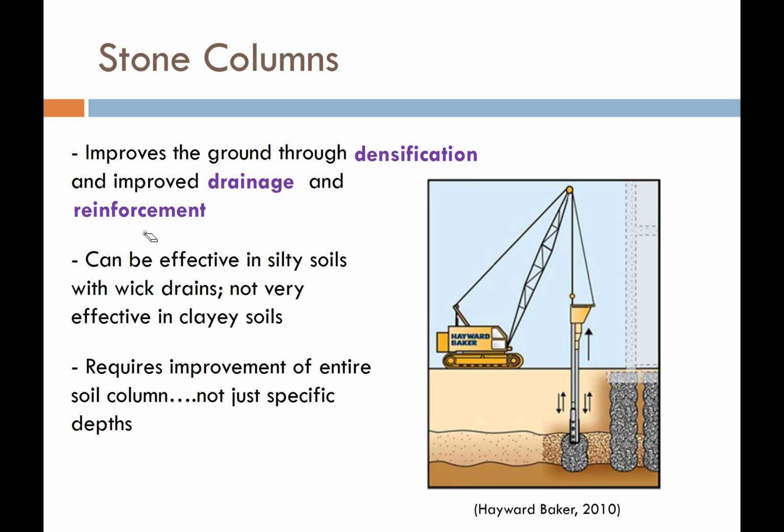So the way stone columns work, we have the same vibro-flotation device that we lower up and down in the soil. But this time we have a hopper, or it looks like a big garbage bin, loaded up at the top of the crane, and there's a tube, a big pipe that runs right down by the bottom of the vibro-float. And what we do is we load a bunch of very jagged, medium grained or medium sized gravel into this hopper.